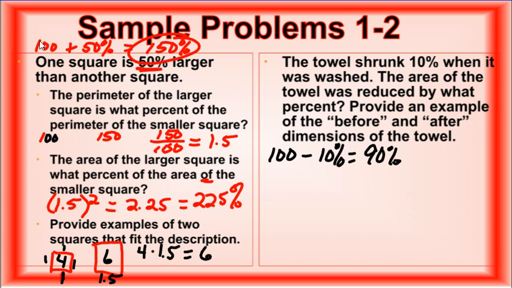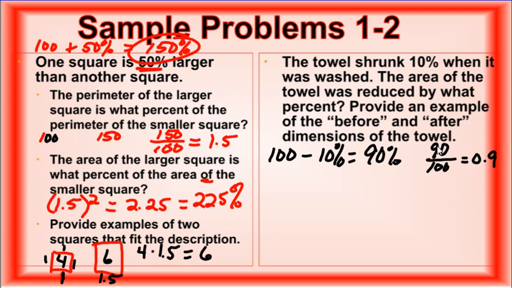And to compare that, we're comparing the new towel, which is 90%, to the old towel, which was 100%. That would give us 0.9 as our scale factor.